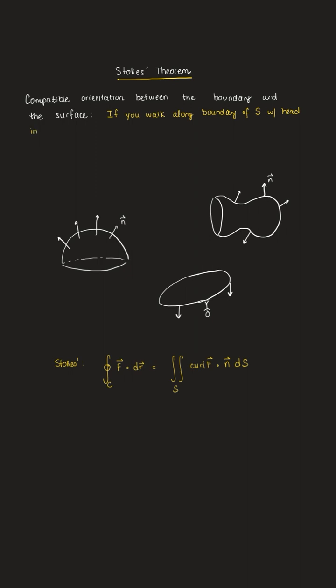So head in the direction of the normal, how the normals are pointing on your surface. Then your left arm, as you walk along, should be over the surface or pointing into the surface.